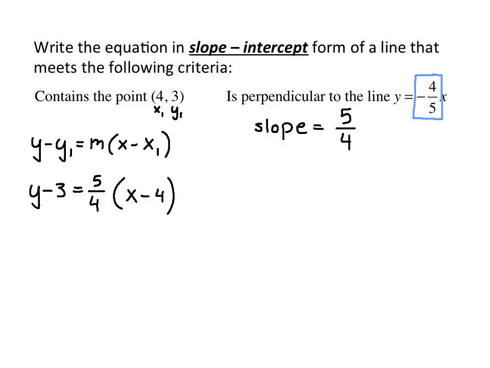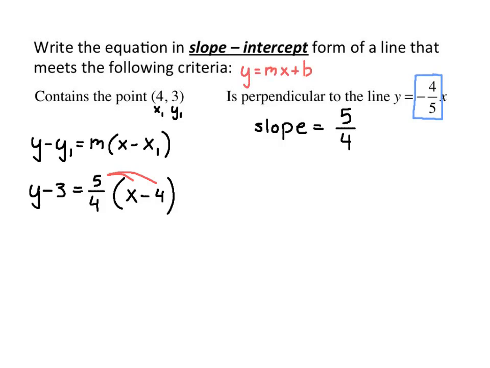Now we simply need to distribute through to simplify and solve for y, because again they are asking us to solve for slope-intercept form, so we remember that we are looking for y equals mx plus b as our final form of an answer.